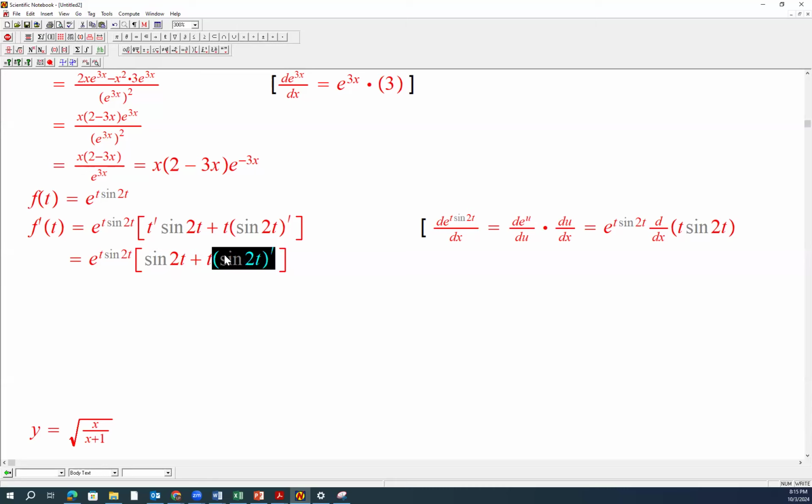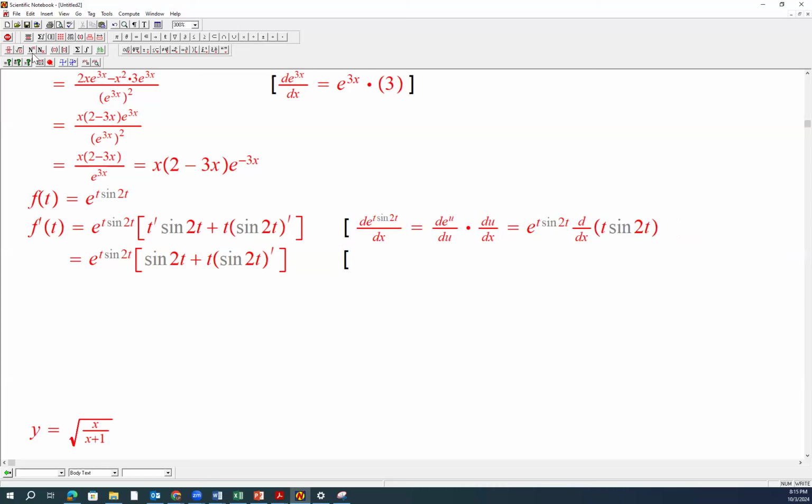And over here, how do we differentiate sine 2t? Same idea, okay? The derivative of sine x with respect to x equals cosine x.